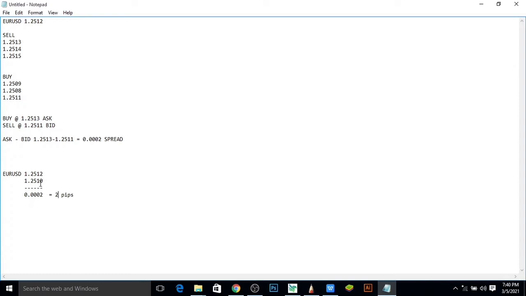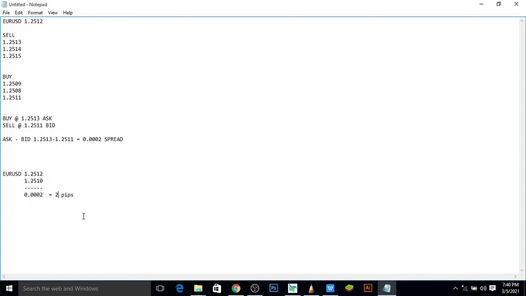The one we were saying before was increasing by 1 pip, 3 pips, but this one has dropped by 2 pips.